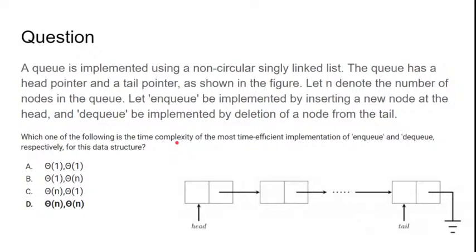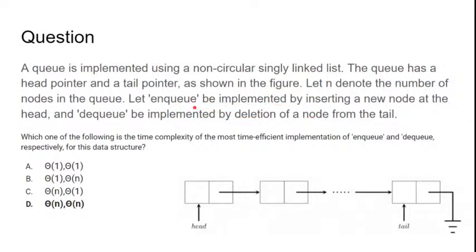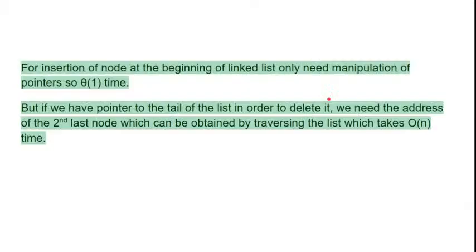So here the time complexity will be theta of n for insertion and deletion, because it is a non-circular linked list, and NQ is performed at one end and DQ at the other end.